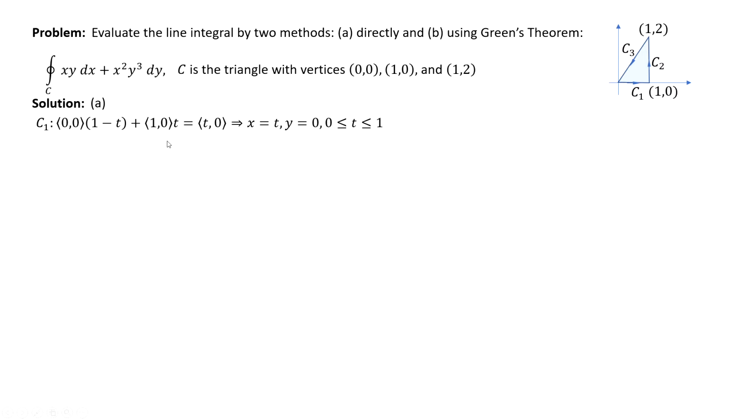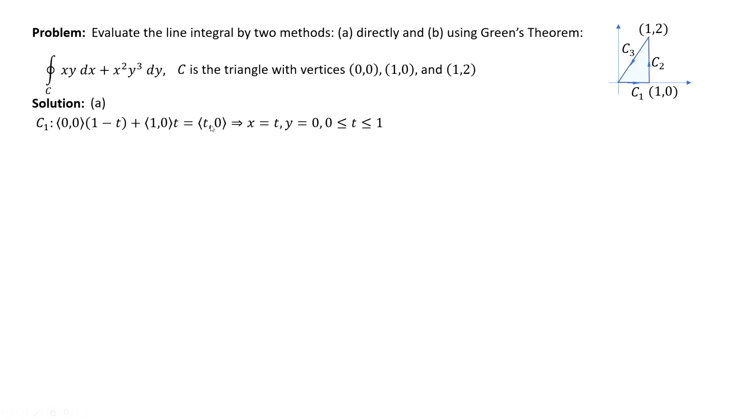So when t was 0, we have the initial point, and t equals 1 corresponds to the terminal point. That's exactly what we want. So that's my go-to way of doing things. I must have talked about it in previous sections as well.